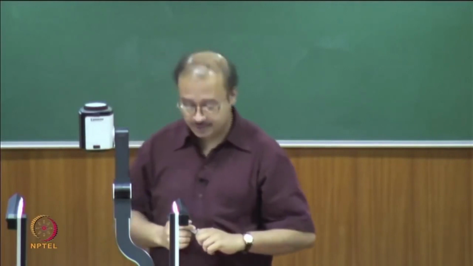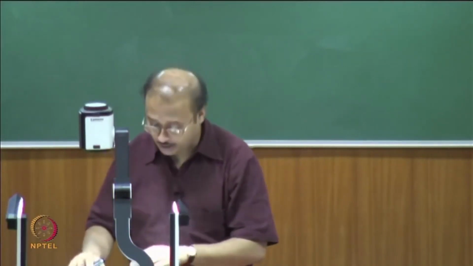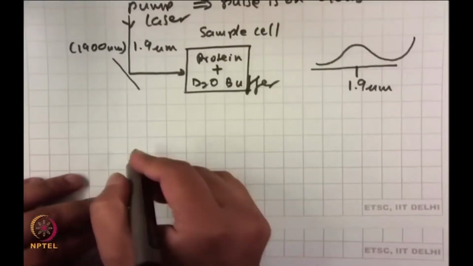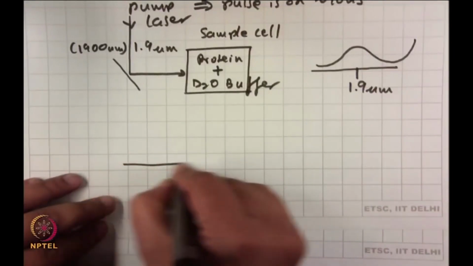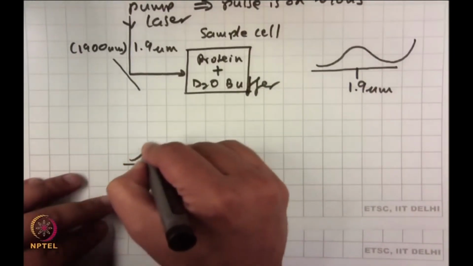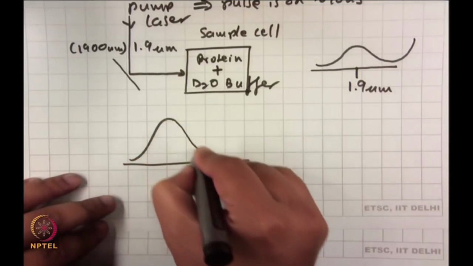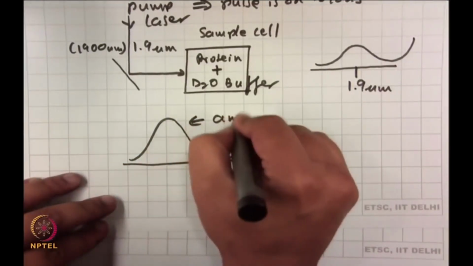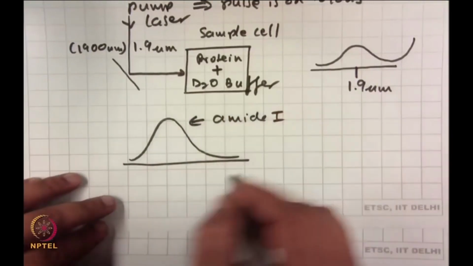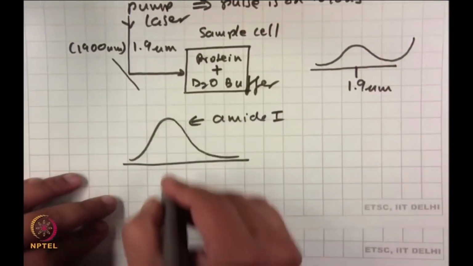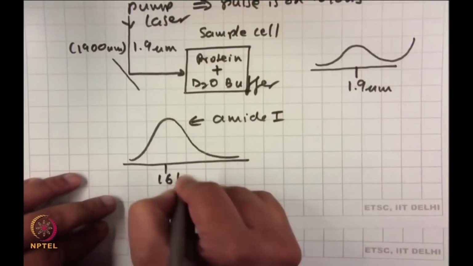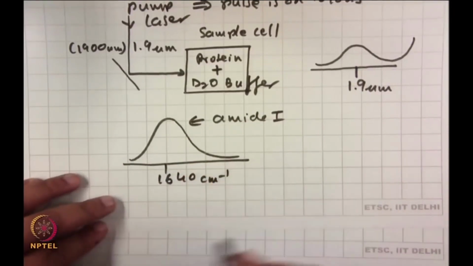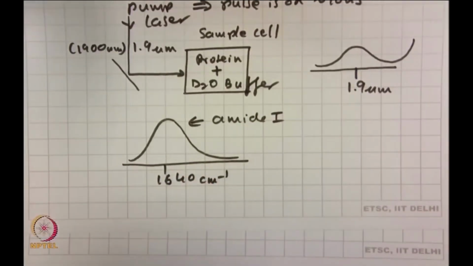Now, what is known, when we talk about IR, is that proteins typically have well developed absorption bands. This is called the amide 1 band, depending upon the structure, in the region of 1640 centimeter inverse, so 1635, 1640 centimeter inverse, right.